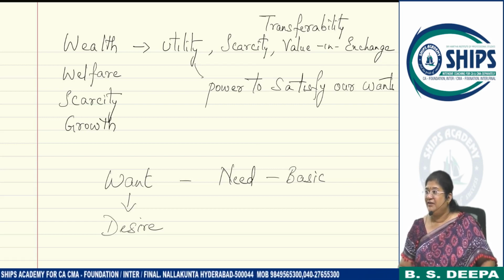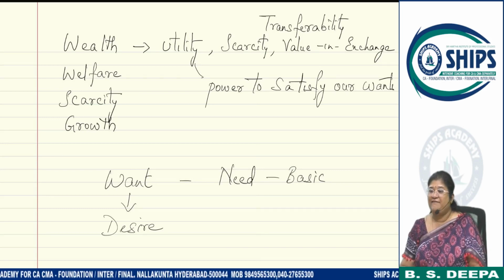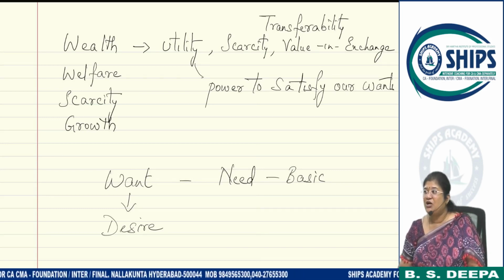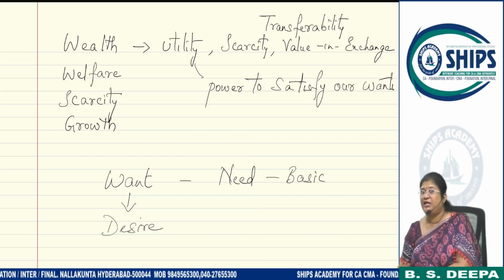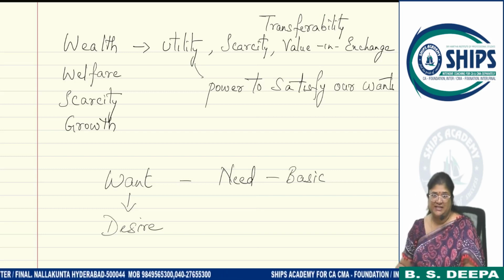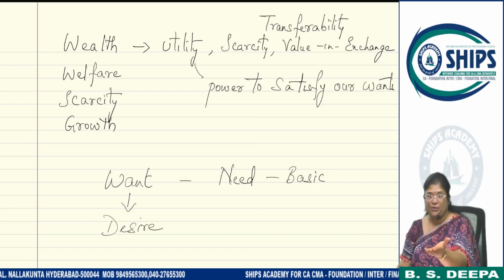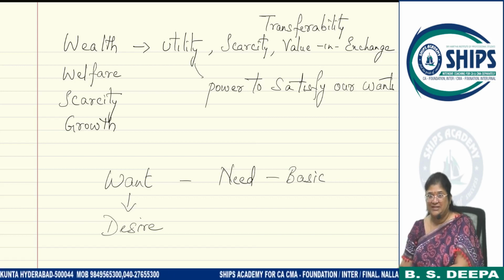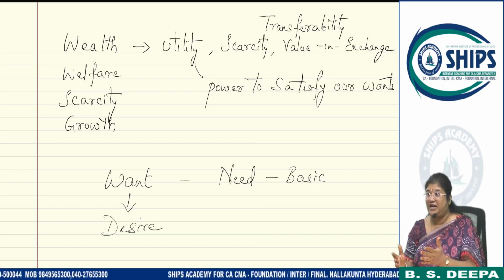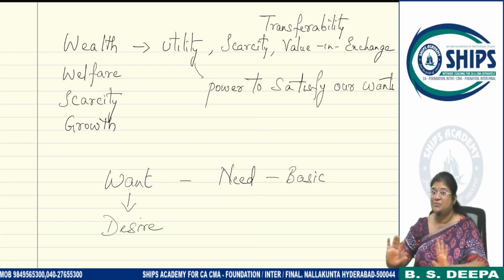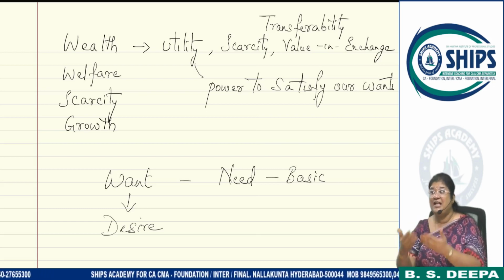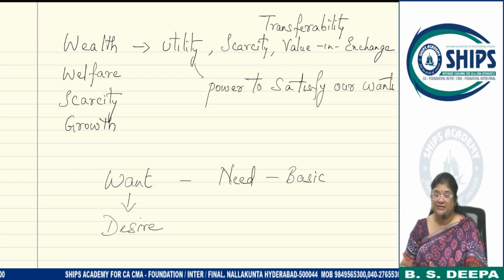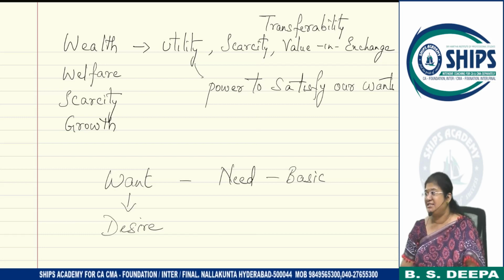Whenever any commodity is available in lesser quantities than what is demanded, what is required, as you have said, less than adequate. Adequate means people should find that whatever is available is more than enough. If you find that it is lesser than what is required, then that is what is called scarcity.